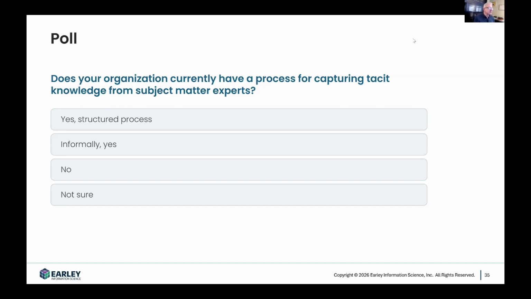So there's another question here. Considering that we have access to all this data, such as tickets, emails, et cetera, what is the value of an interview with a subject matter expert? Well, it's the gaps, right? You may have all you need from those tickets, but you may also still have gaps. That is where you need to start thinking about that process for capturing that subject matter expertise in your workflow.